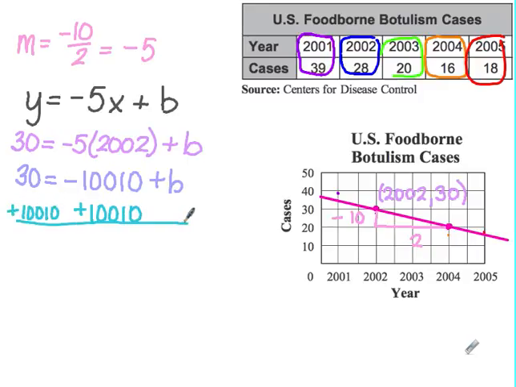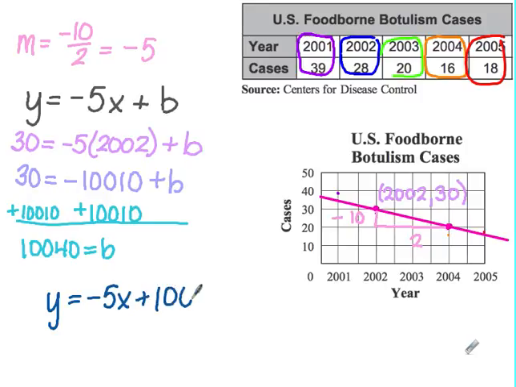And you get b to equal 10,040. So what is my final equation going to look like? y equals -5x plus 10,040. Perfect. Good job.